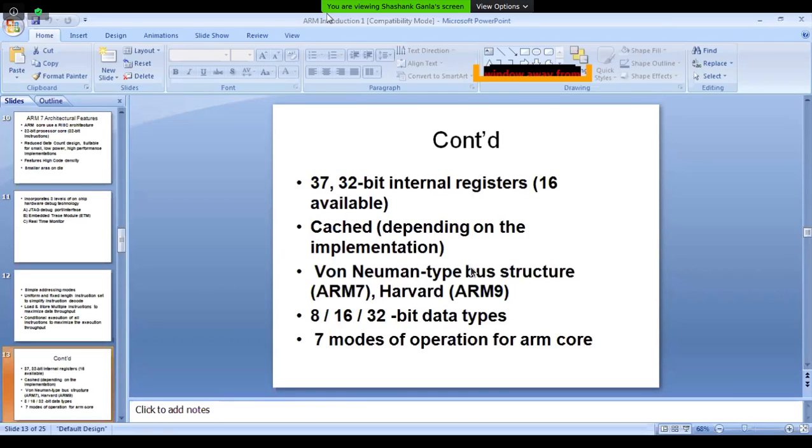So ARM1 till ARM7 had been von Neumann memory organization architecture, but ARM9 onwards to the present ARM Cortex supports Harvard memory organization architecture. So ARM1 till ARM7 is von Neumann RISC architecture, and ARM9 to the ARM Cortex series is going to be Harvard RISC architecture.